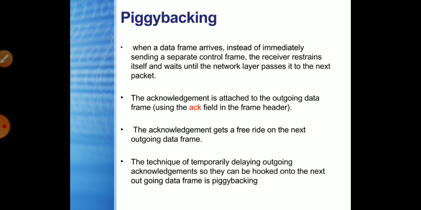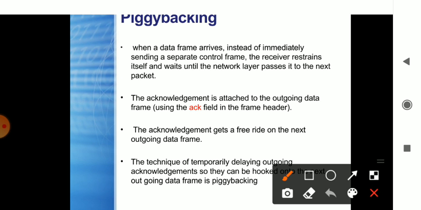Piggybacking is when the information is being transferred from one layer to another layer. So your information is transferred from your data link layer to the network layer. When transferring the information, it maintains a separate control frame. What is that control frame?